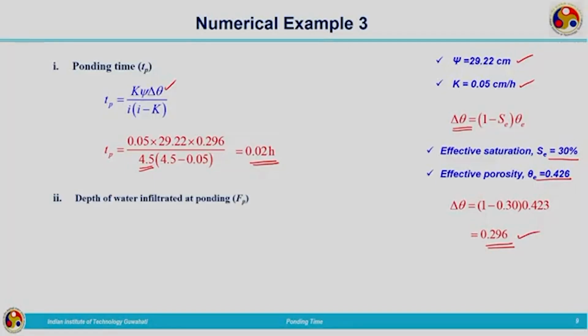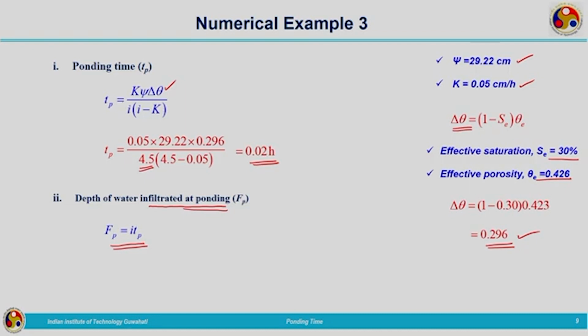Second part is the depth of water infiltrated at ponding. This is very simple. Until ponding, T is equal to Tp, we assume infiltration rate f is equal to I. So, it is just substitution, and the depth of water infiltrated at ponding can be calculated by Fp is equal to I Tp.